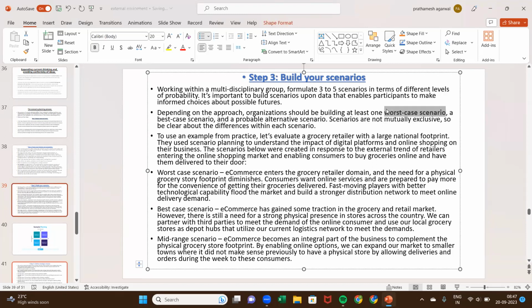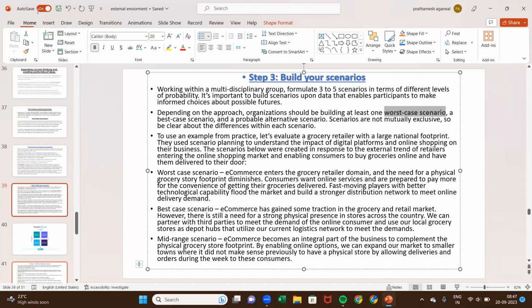You'll always hear this word from my mouth in the organization. Worst case scenario, worst to worst, what can happen? Worst to worst, what can be the outcome, right? You will do your scenario planning according to that. Then a best case scenario and a probable alternative scenario.